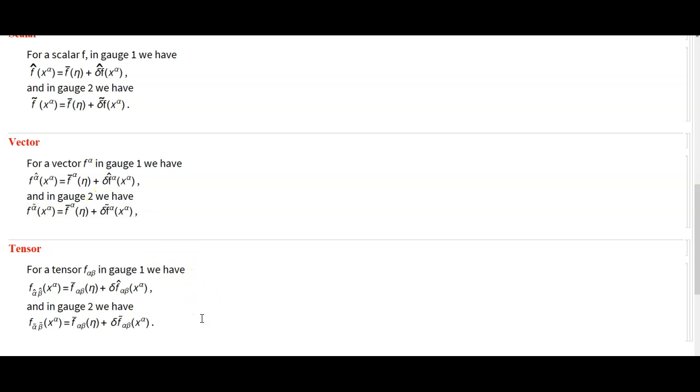So this is the notation that we are going to follow.